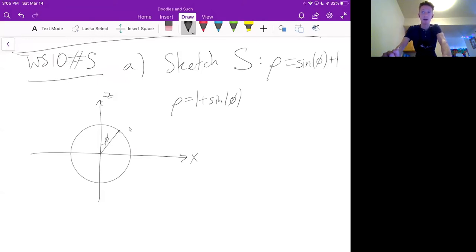I need to add sine of phi onto there. So remember that phi can go from 0, where I'm pointing straight up, all the way down to pi at the very bottom, where I'm pointing straight down. So what is sine of phi going to be: positive or negative or 0? Could be any of the above. What are the possibilities for sine phi in there?